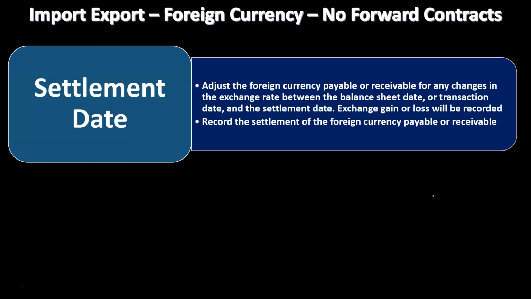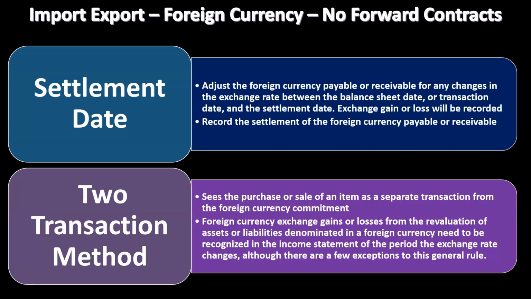So before we can pay off the payable in foreign currency, we have to revalue what our payable is reflected in dollars to reflect the proper exchange valuation, and then we can pay it off in foreign currency or record our receivable in foreign currency. So we have a two-transaction method. This sees the purchase or sale of an item as a separate transaction from the foreign currency commitment.